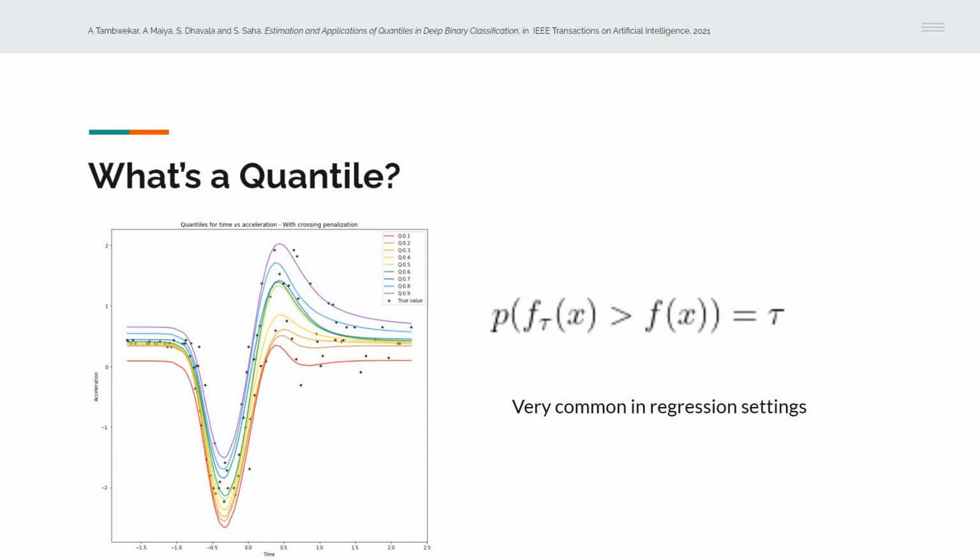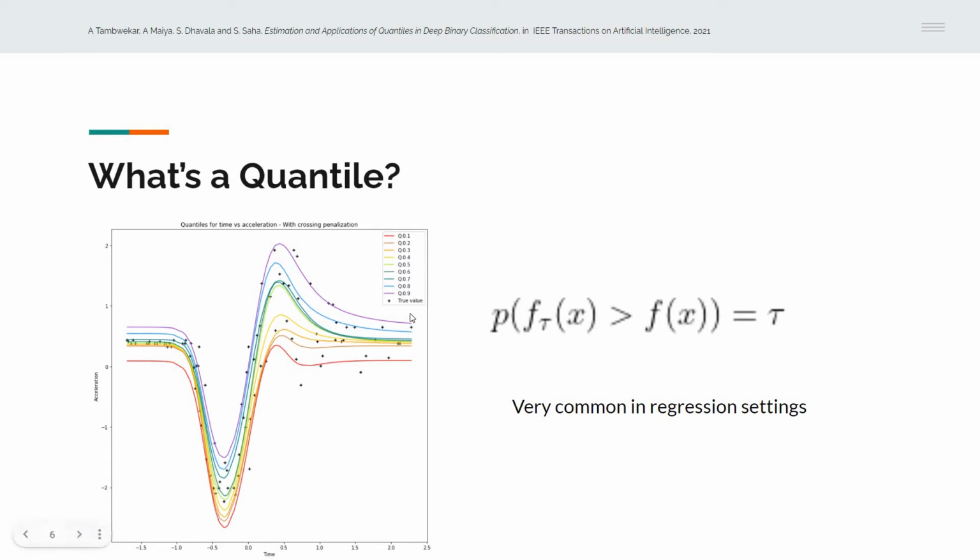So mathematically speaking, the definition of a quantile can be given by this equation on the right, where the probability of f tau of x being greater than f of x is equal to tau. What that really just means is that there's a control parameter we have called tau, and this tau controls what percentage of points lie below the curve and what percentage of points lie above the curve. To put it bluntly, if you take a look at the example on the left hand side here, we have these various colored graphs.